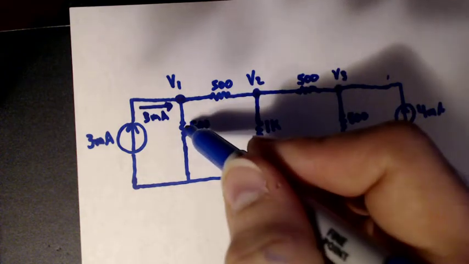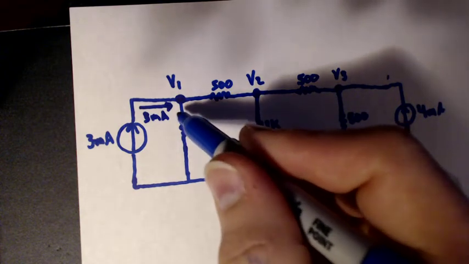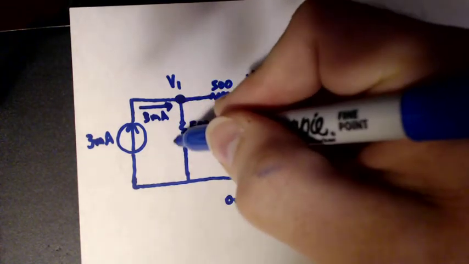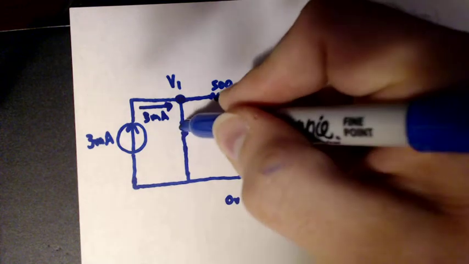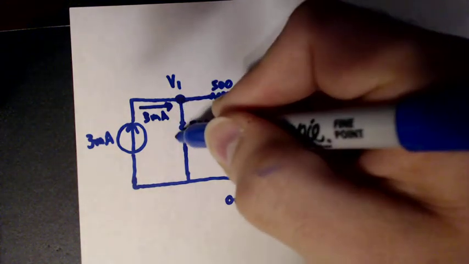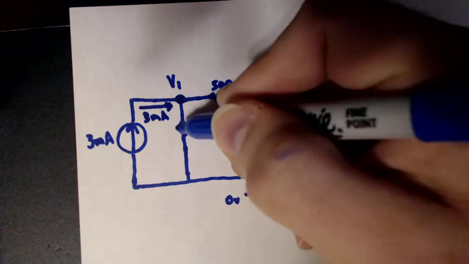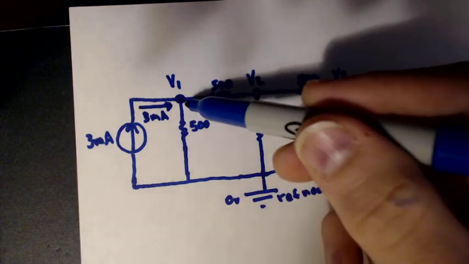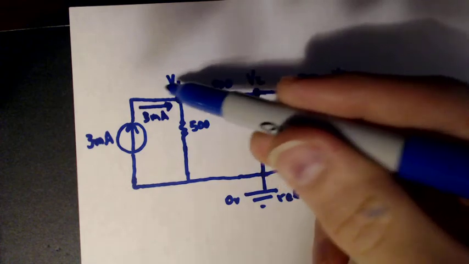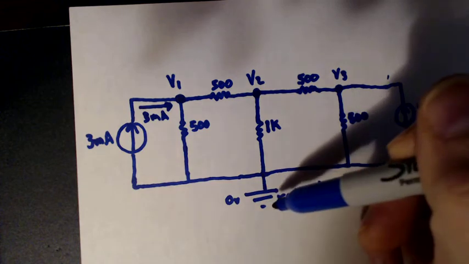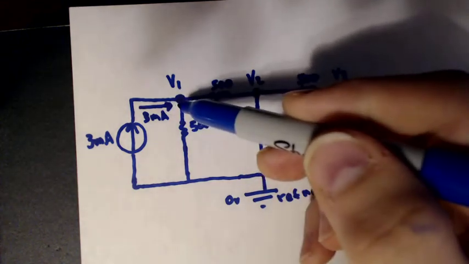And now I need to pick a current direction. I can either draw my current going up or I can draw my current going down. However, to make the expression a little easier to write, I'm going to always work off of the assumption that V1 is higher than my 0 volts down here. It's not a bad assumption.